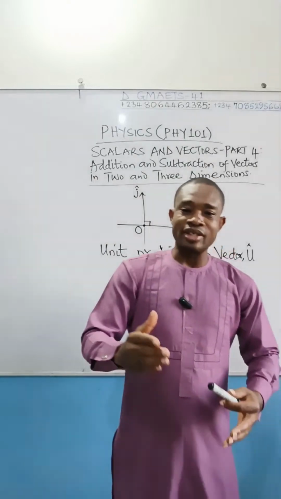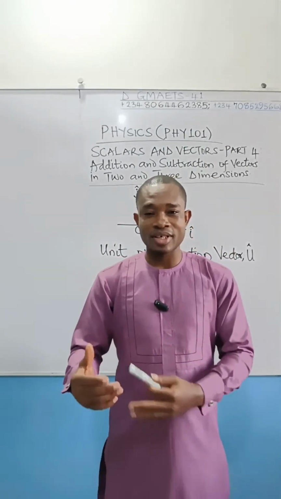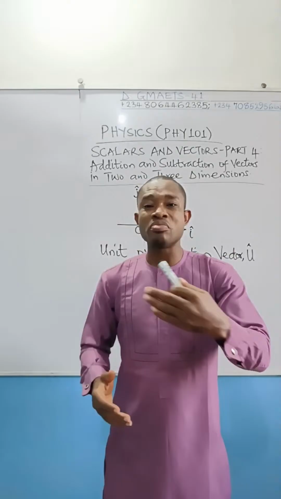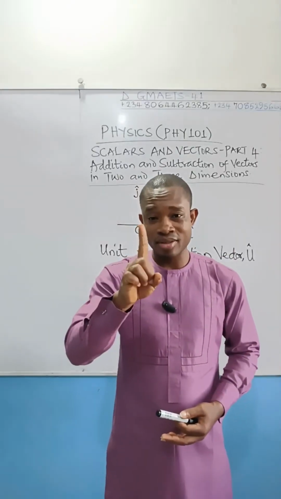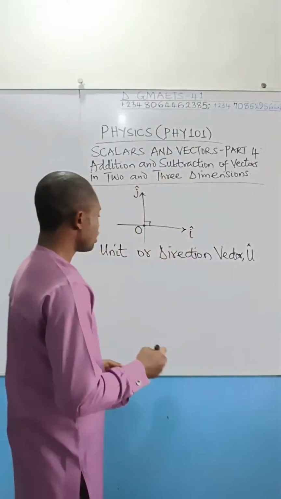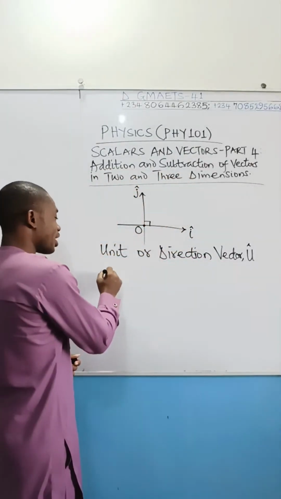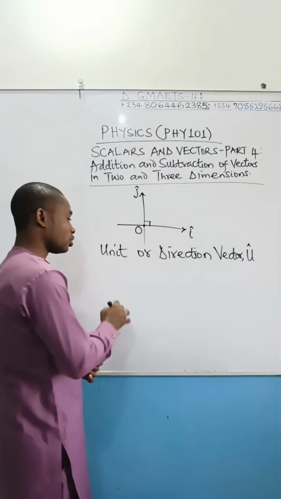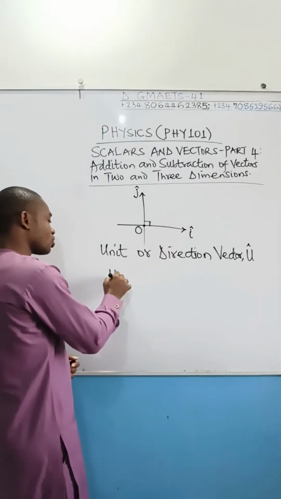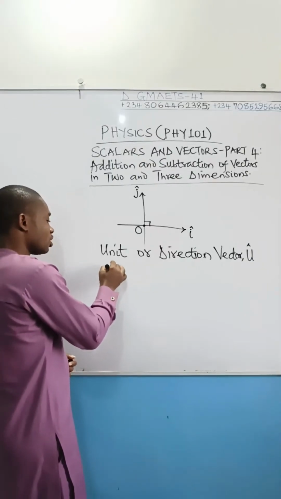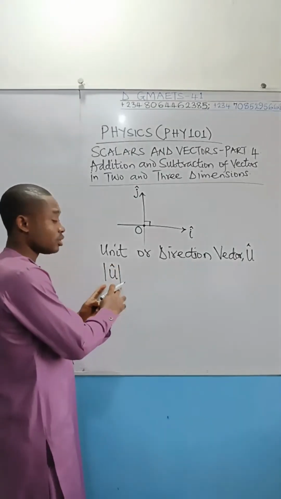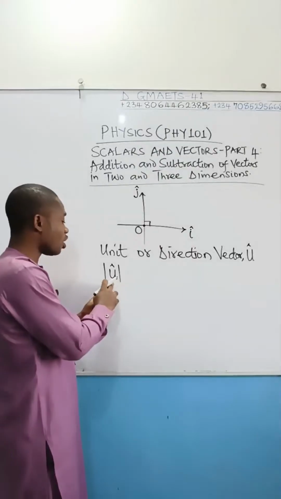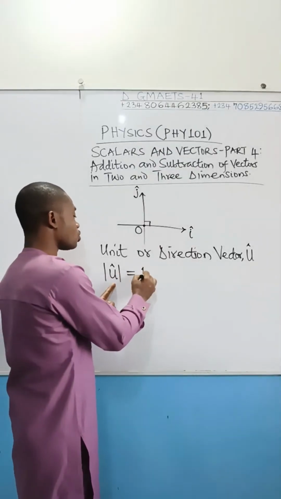The word unit from English language, generally if you're translating it numerically, means 1. So a vector whose magnitude is equal to 1 is called a unit vector. I'm going to write something like this, this symbol represents magnitude. Magnitude of a unit vector is equal to 1.